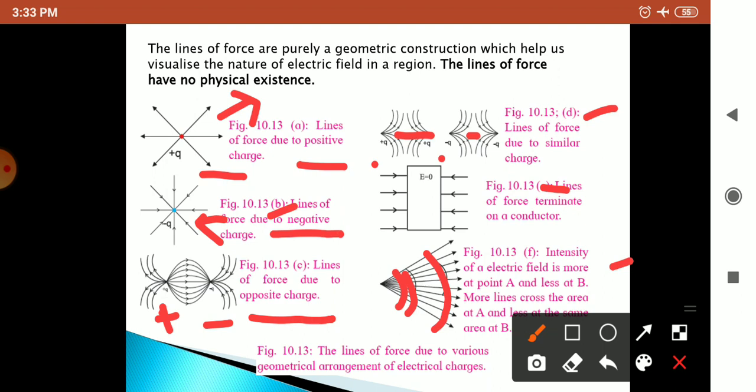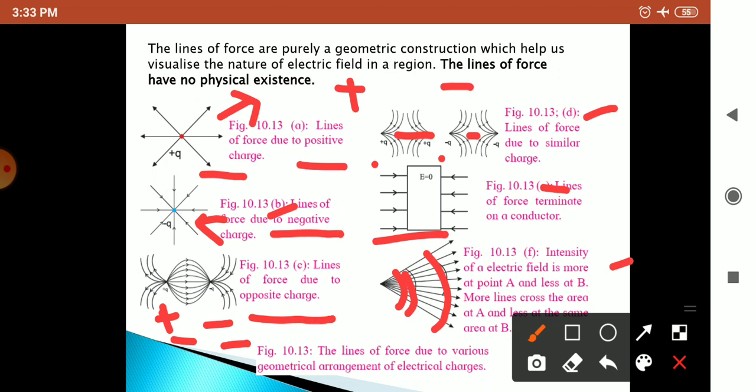So what is the common factor in these? When there is a positive charge, the electric lines of force start. When there is a negative charge, they end. When there are same charges, they repel. When there is a conductor, they end on or terminate. When there are opposite charges, they gather toward each other and again separate out.